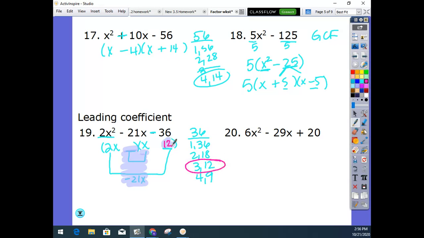So I'm going to put 12 here times 2, 24x, 2 here to get 2x. Nope, 3, sorry. Now to get a negative 21, the 24 has to be minus and the 3 is a plus. Move the plus up here, the minus goes up here.